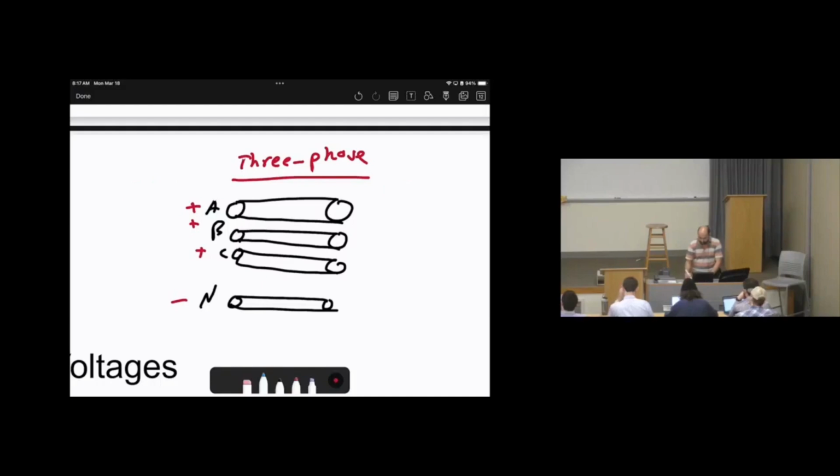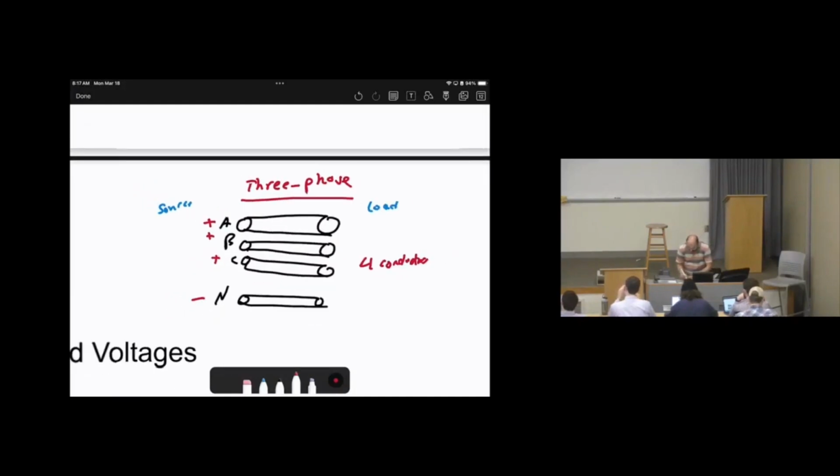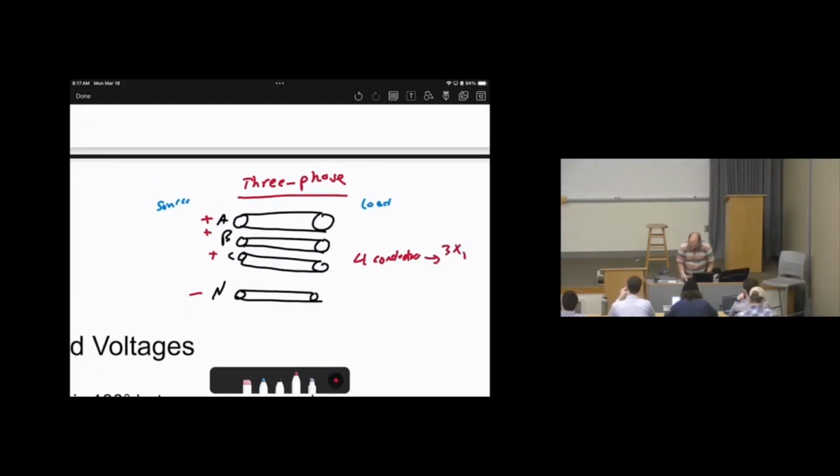So we realize that we can have 4 conductors, then we will get 3 times the power. In other words, 2 times the cost will give us 3 times the power. So this is much cheaper than the biphase we talked about before, where 1.5 times the cost yields 2 times the power.